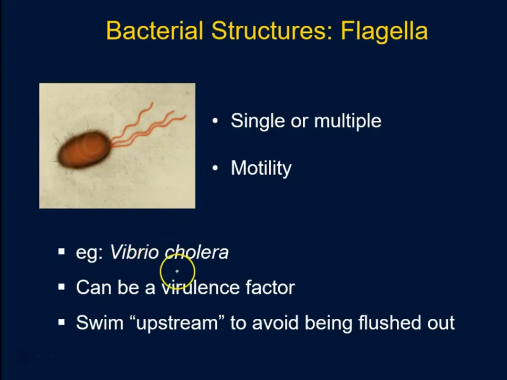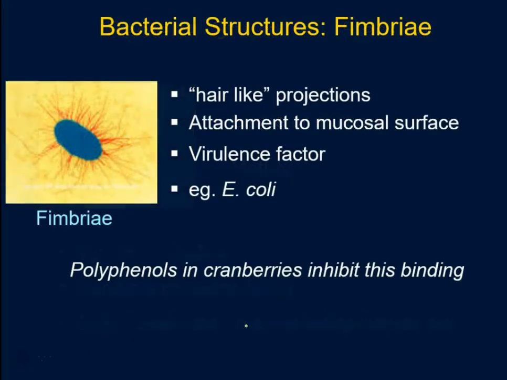An example of that is Vibrio cholerae, and the flagella can also be a virulence factor, because if a bacteria that causes diarrhea is able to swim upstream, that bacteria is difficult to flush out, so it will survive longer and is more likely to cause disease. So this is actually a virulence factor. If it can move, then it can be a virulence factor.